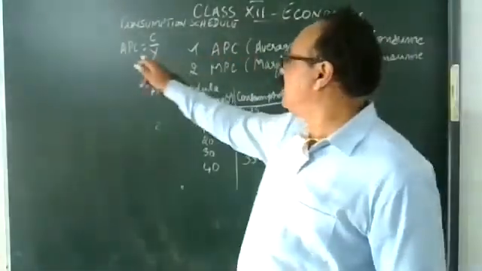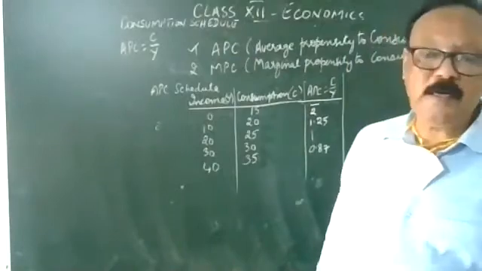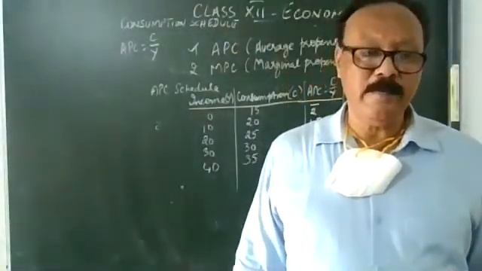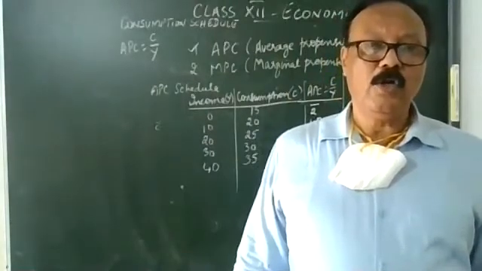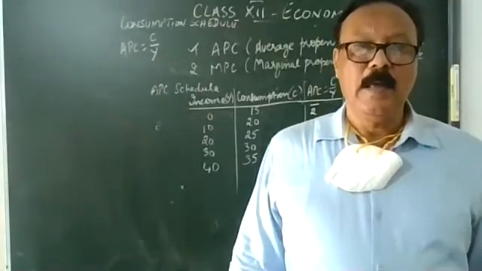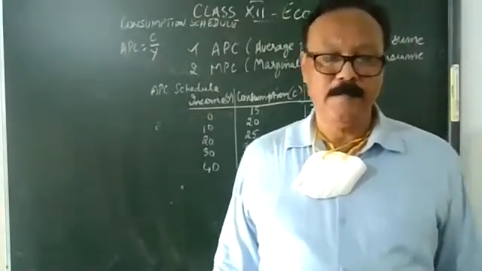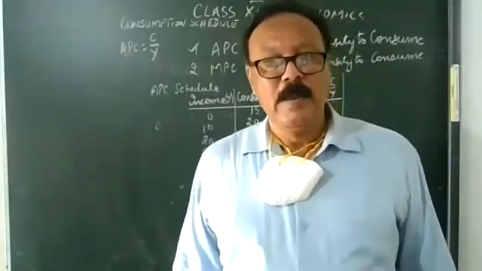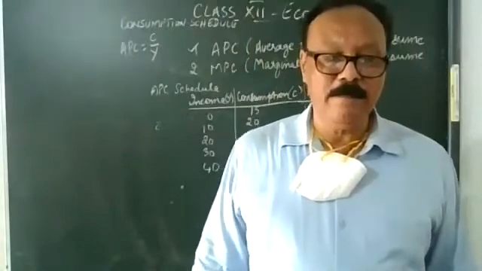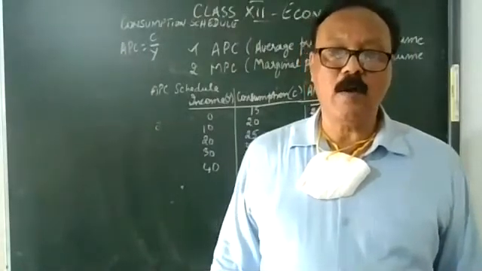First, APC, the definition. It is the ratio between total consumption and total income at a given level of income of the economy.